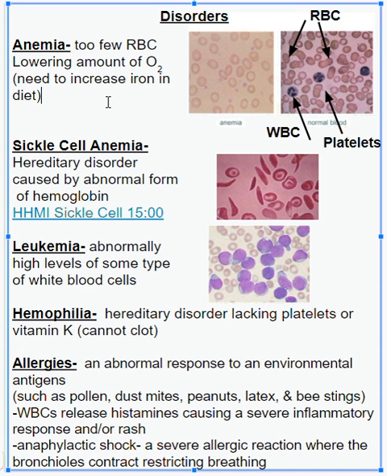Now, there's a need to increase iron in the diet of someone who has anemia because the iron is used to make the protein hemoglobin. Hemoglobin has iron in it, and that is responsible for carrying the oxygen and or carbon dioxide by the red blood cells. Typically, you would see anemia more frequently in females than males.